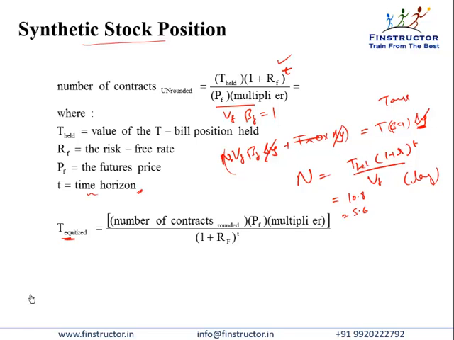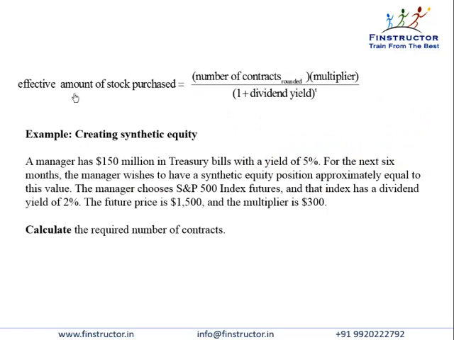Let's understand one example. A manager has created 150 million in treasury bills with a yield of 5%. For the next 6 months, the manager wishes to have a synthetic equity position approximately equal to this value. The manager chooses S&P 500 index futures, and that index has a dividend yield of 2%.